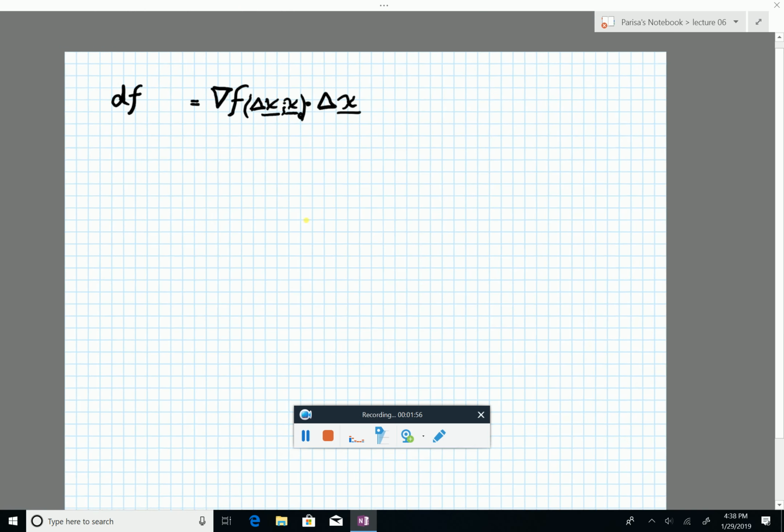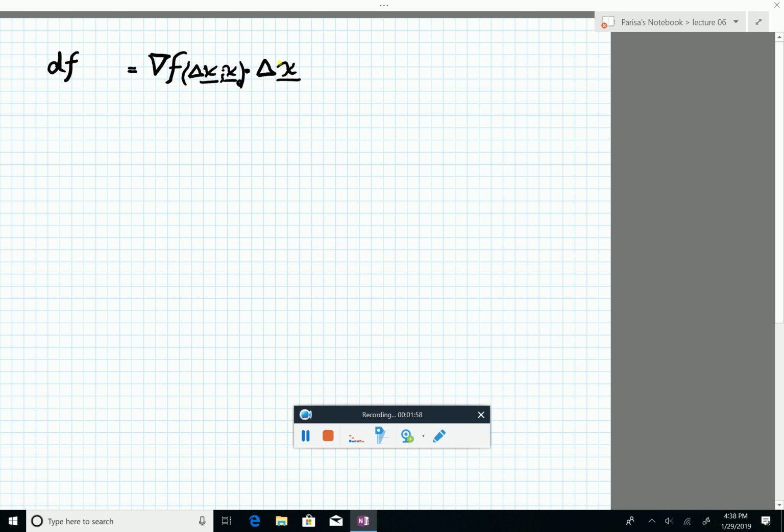Yeah, exactly. And this is also, of course, a function of delta x and x0. I just don't write it.